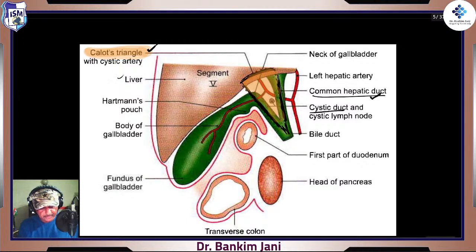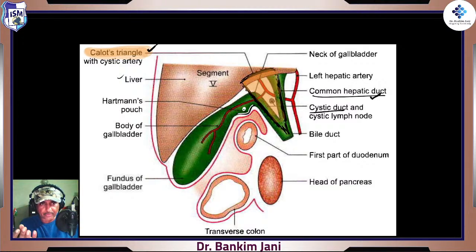So this is the first point. Rest is, say, liver. Regarding the Hartmann's pouch, it's simple. In the neck of the gallbladder there is a protrusion, a sac-like structure. This is the area where a stone can be lodged very easily because it's like a pouch.